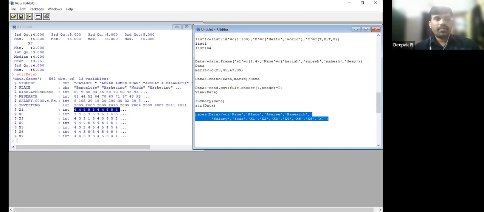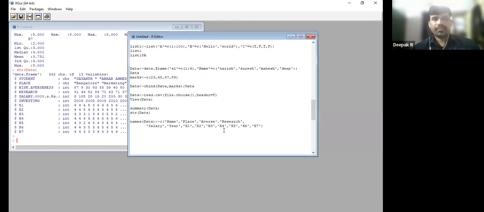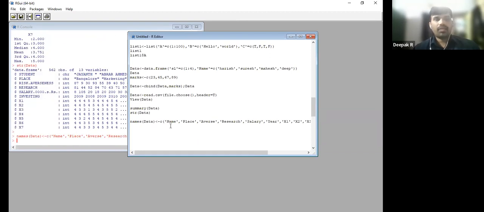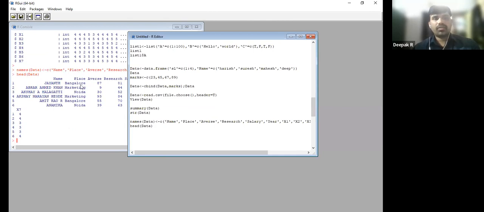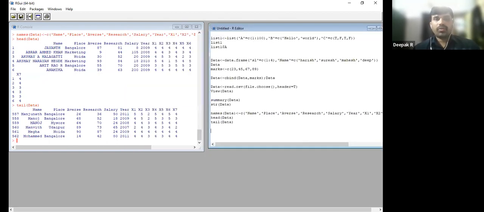So here, if I have the names, now if I look at the first 6 rows, you will be able to notice that the names have been changed, and it is possible for me to look at whether the data has been copied correctly or not.